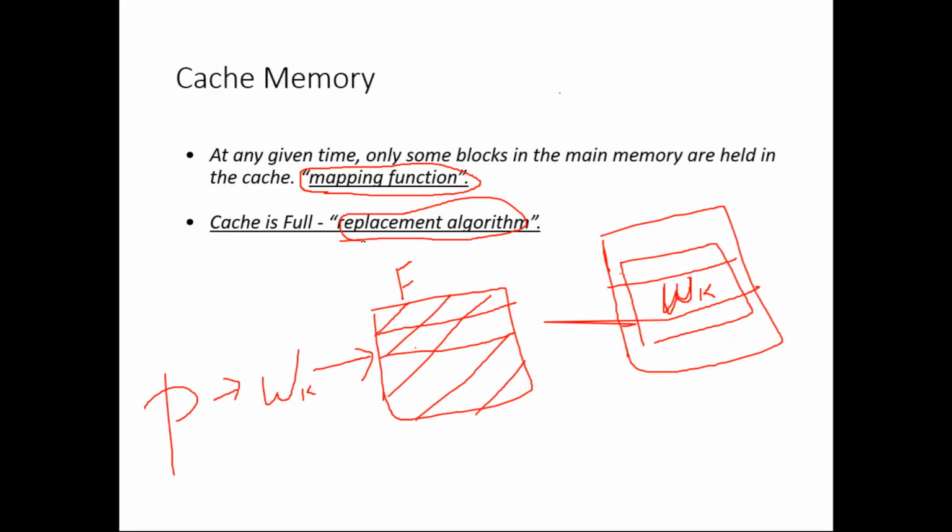Since the cache is already full, some block of the cache memory should be returned back into the memory so that room will be created, and the word currently requested by the processor, along with its entire block, can be moved to the cache memory. So that's the concept.